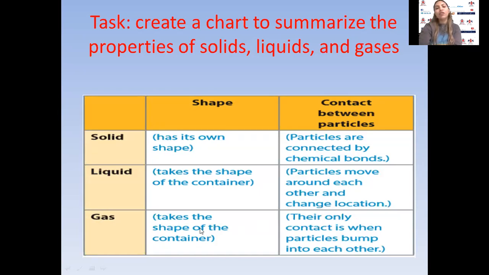Gas takes the shape of the container. Contact between particles: their only contact is when particles bump into each other. The particles contact each other when filled in a container or cylinder, like an oxygen cylinder.